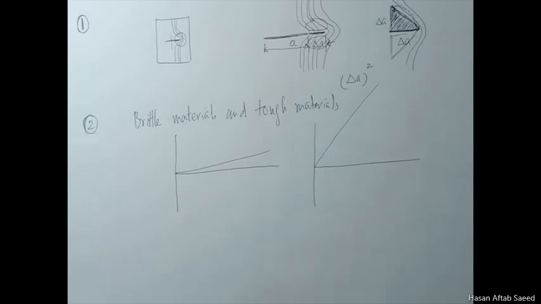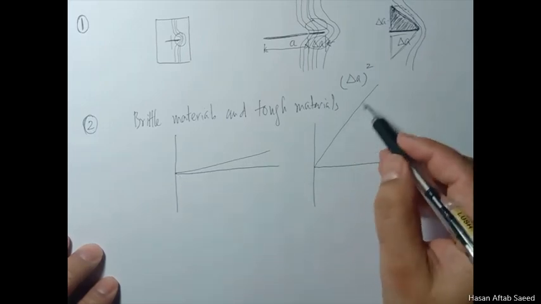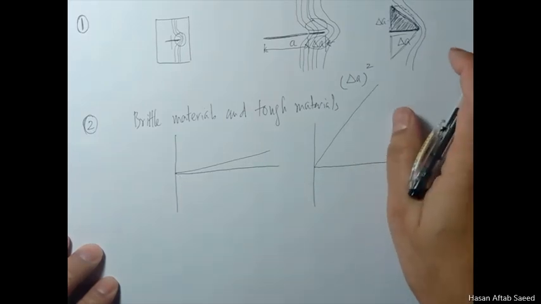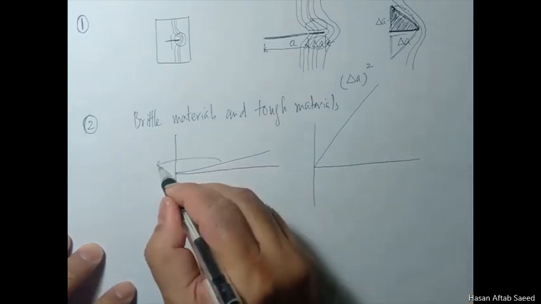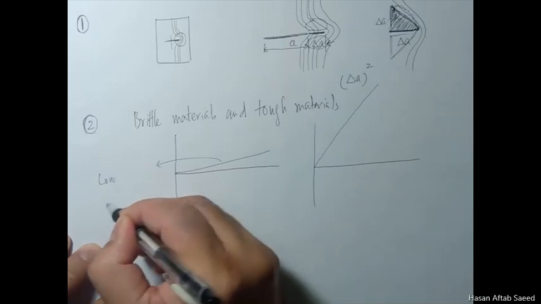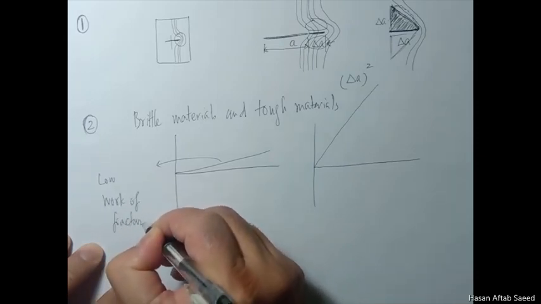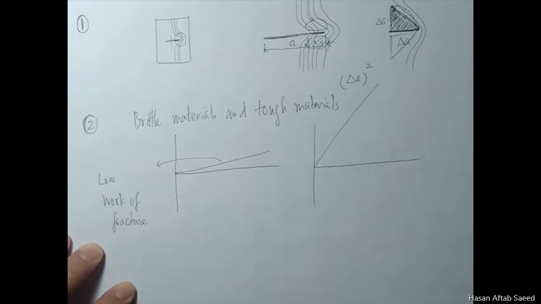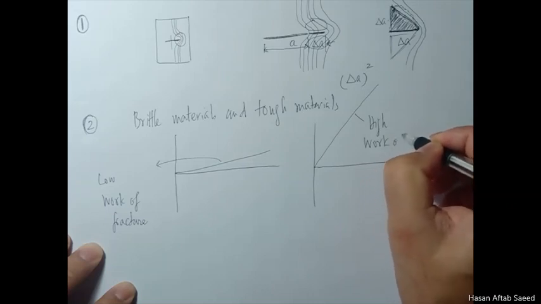Now, why is it that for one material the line has a low slope and for another the line has a much higher slope? That basically is because of low work of fracture of that material, and in this case high work of fracture.